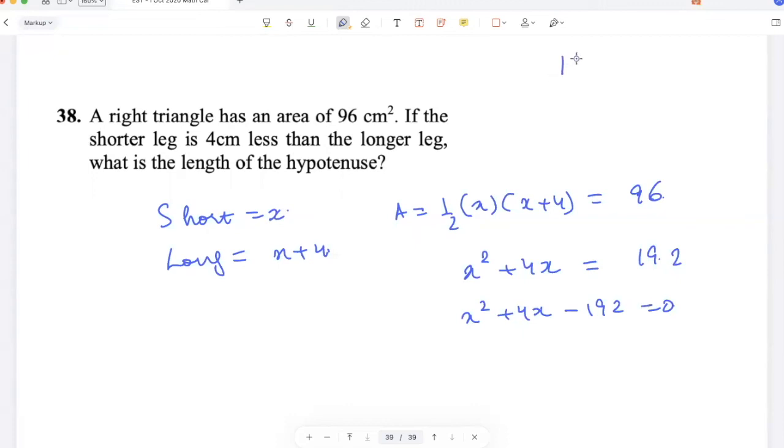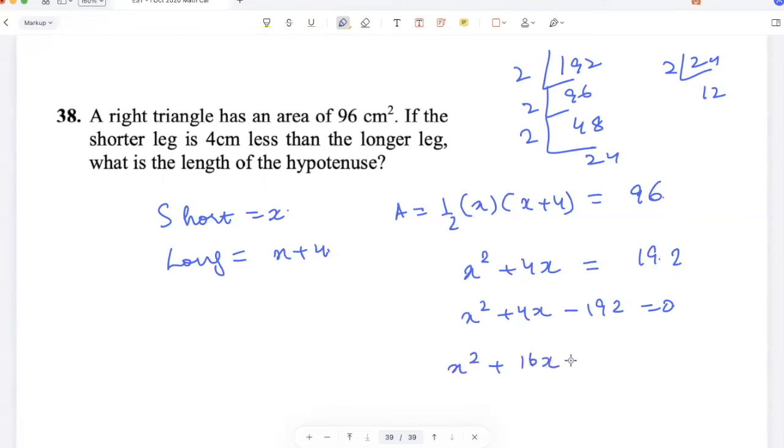Okay, so 192 is 2 times 96, 2 times 48, 2 times 24, right? 2 times 12. Okay, so I need a difference of 4, right? So 2, 16 and 12. So x squared plus 16x minus 12x minus 192 is 0.